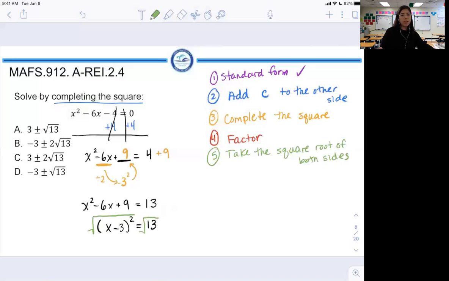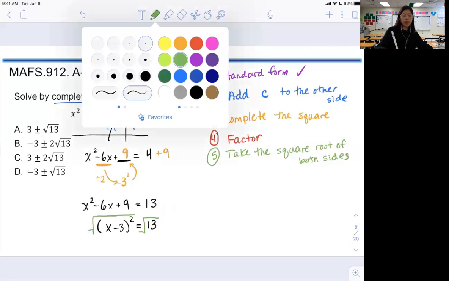What is my goal again? What am I actually doing in this problem? Completing the square in order to do what? What is it literally telling me to do? What am I trying to get by itself?